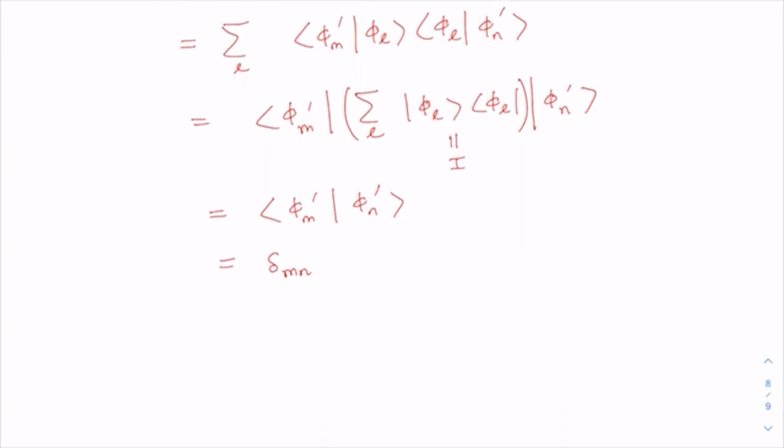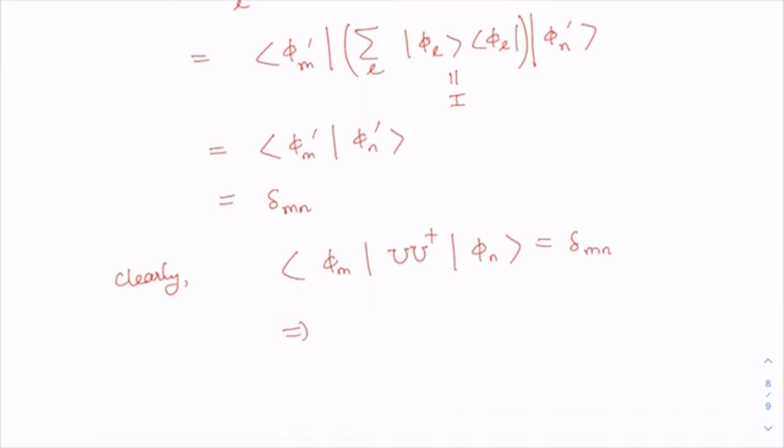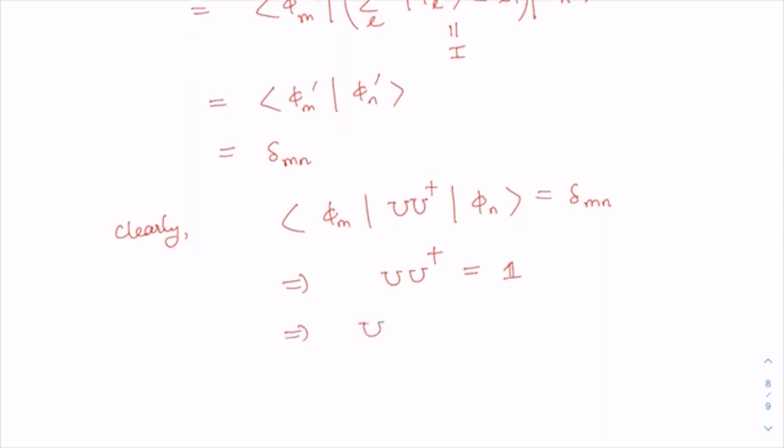So clearly we have now proved that phi m U dagger U phi n is equal to delta mn. What it means is that this matrix U dagger U is equal to the identity operator, and which means that U is a unitary matrix. U is unitary.